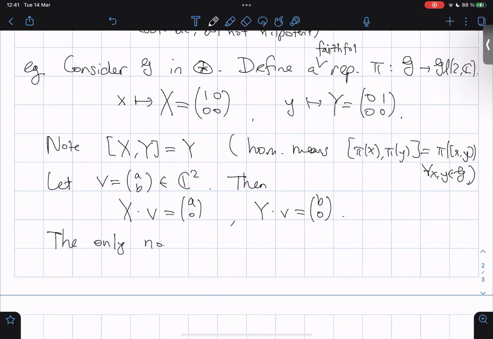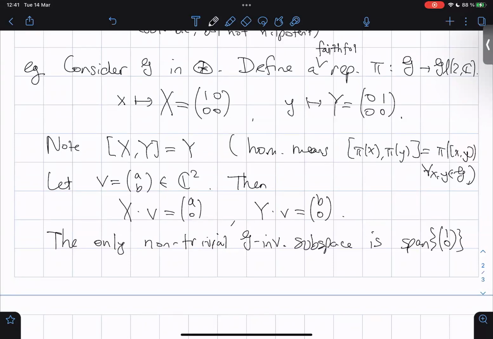So the only non-trivial G-invariant subspace is the span of (1, 0). That's the only one. So remember the question that we asked before: given a representation, can you split the vector space as a direct sum of invariant subspaces?